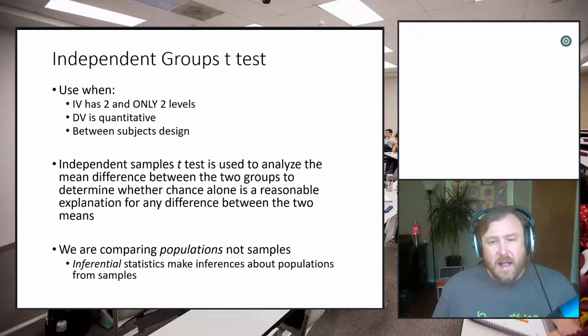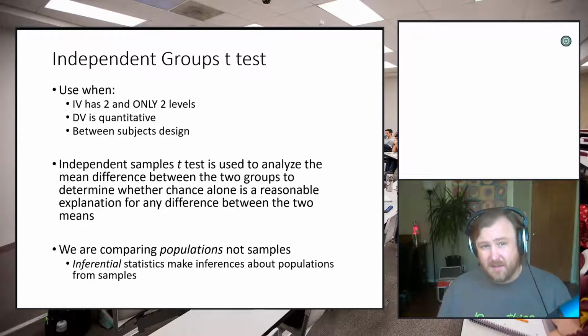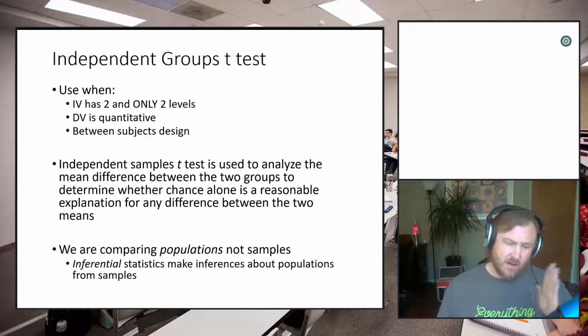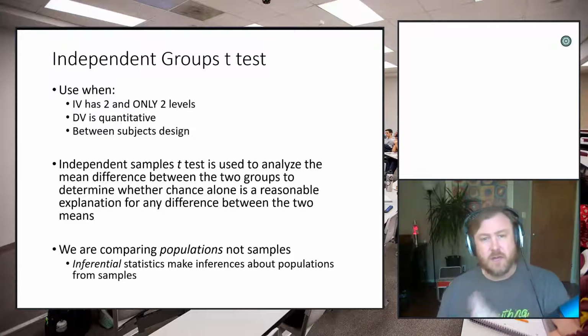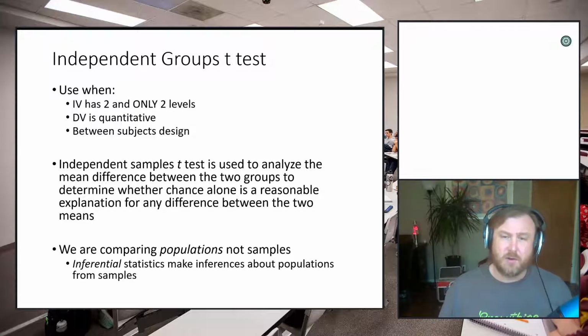So, as with all t-tests, our dependent variable needs to be a quantitative variable. And the way you know when you're going to conduct an independent groups t-test is whenever you have an IV that has two levels, so it's qualitative, right? And there's two groups, and it's a between subjects design such that each person is only in one group or the other group.